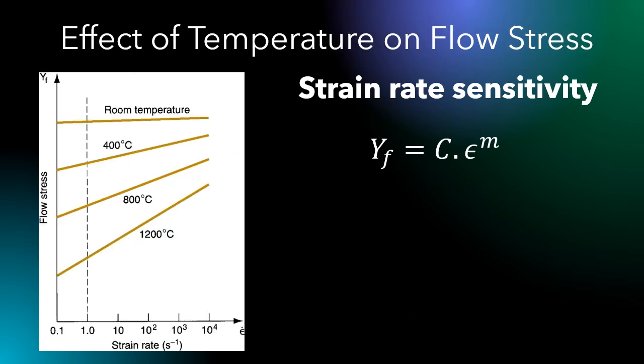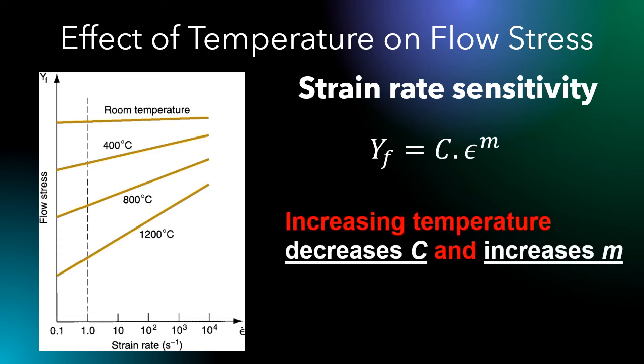The constant C, indicated by the intersection of each plot with the vertical dashed line at strain rate equal to 1, decreases, and m, the slope of each plot, increases with increasing temperature. At room temperature, the effect of the strain rate is almost negligible. The flow curve alone is a good representation of the material behavior.